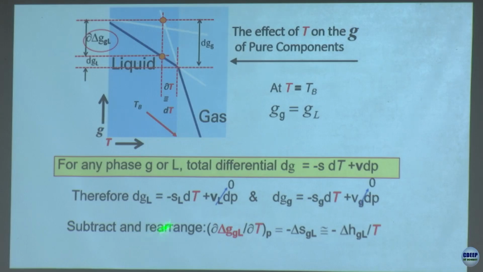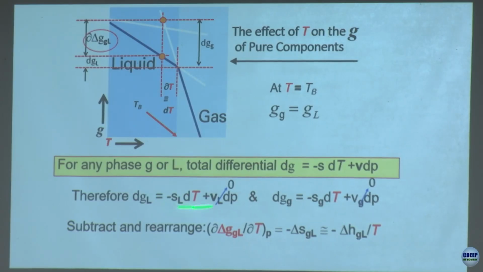Fine. So dGL is equal to minus the entropy of L dT, and dGg is minus entropy of G multiplied by dT. So when you go from here to here, that difference is this, and when you go from here to here, that difference is this.